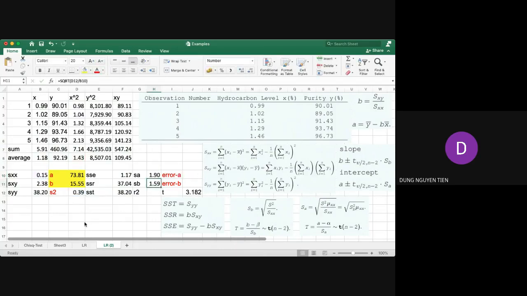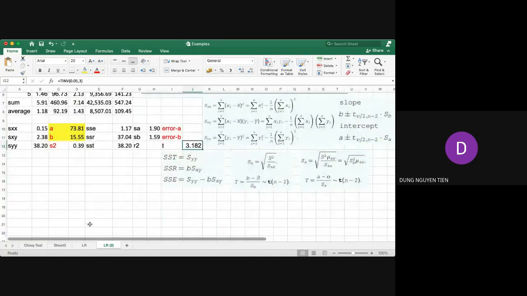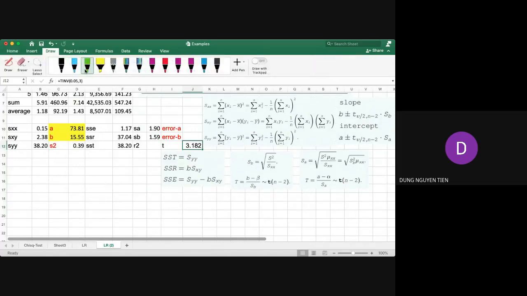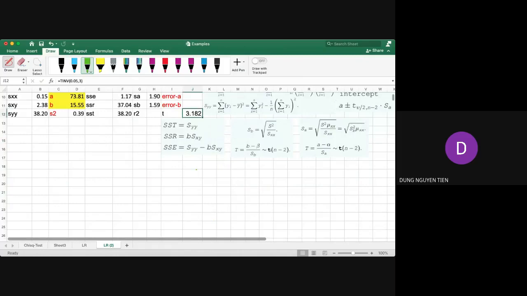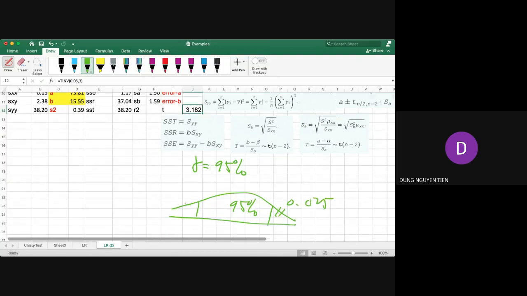Okay. Now we can find the error for a and the error for b. What is the t value in this case? It is 3.182. You can use the software or the tables to get that number, right? Suppose that the confidence level is 95%, so this area is 0.025, right?